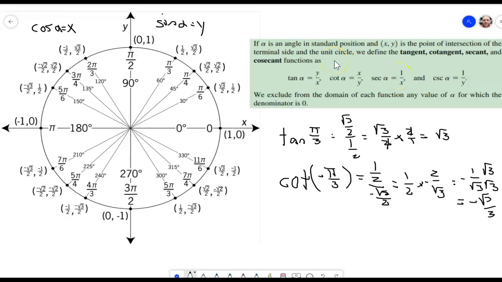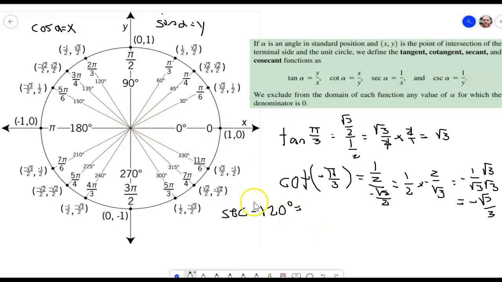Let's do number 27. That's the secant of negative 120 degrees. Okay, so let's see.